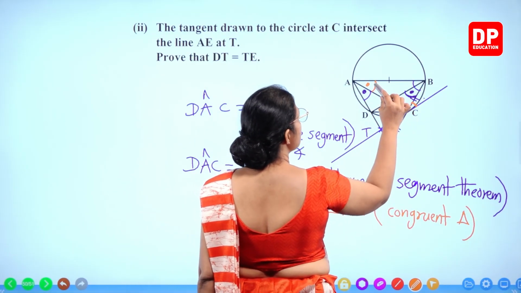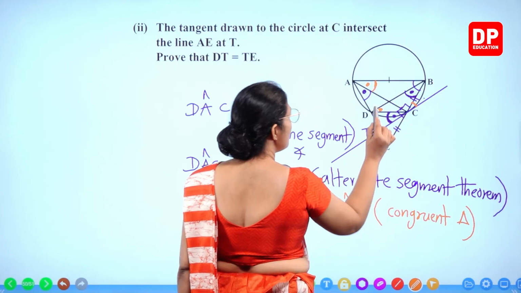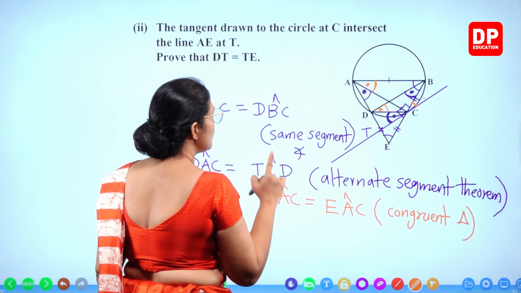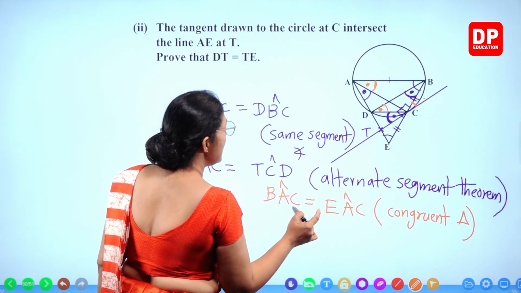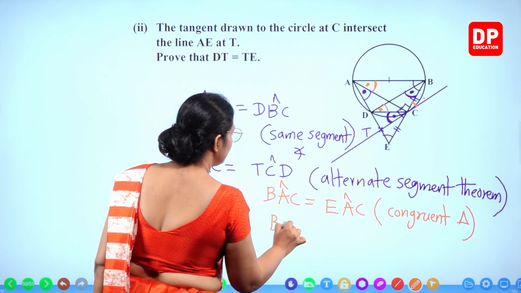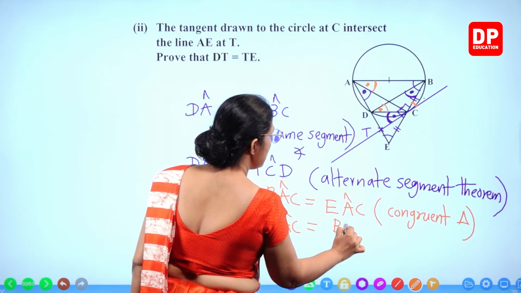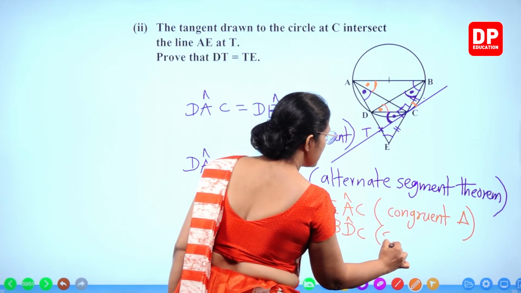So now we can say this is equal to this angle. Same segment angles. So you can write BAC is the same as BDC, same segment angles.